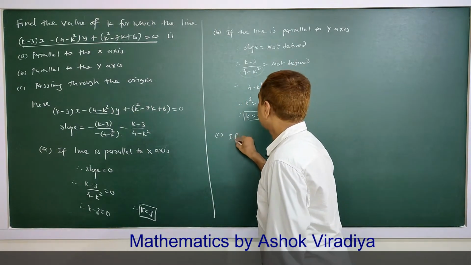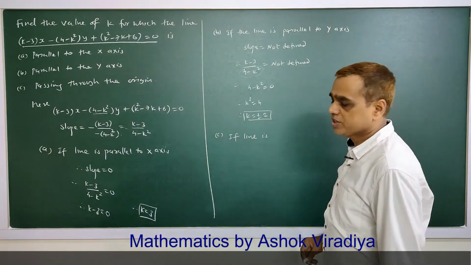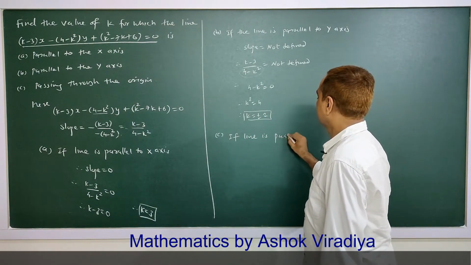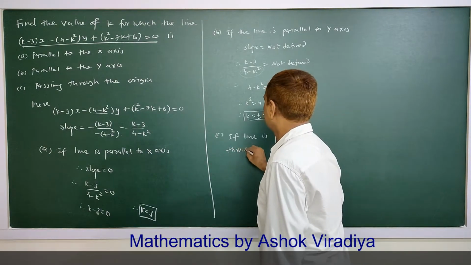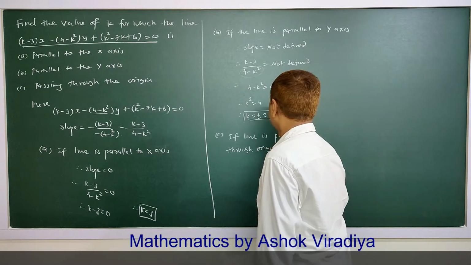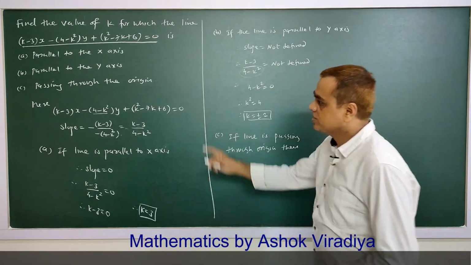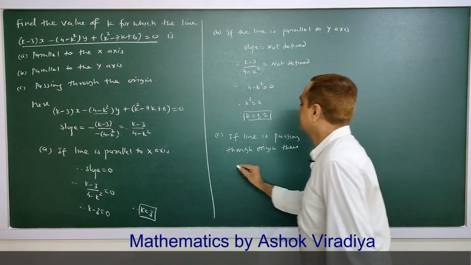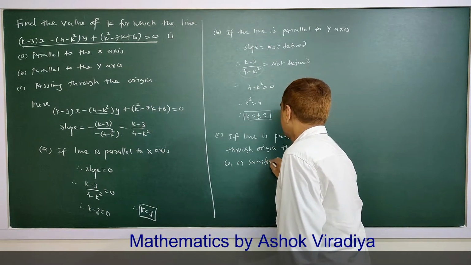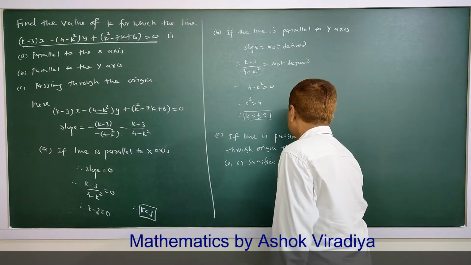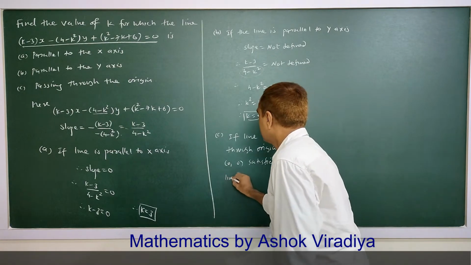So if the line is passing through the origin, then 0, 0 satisfies the equation of the given line.